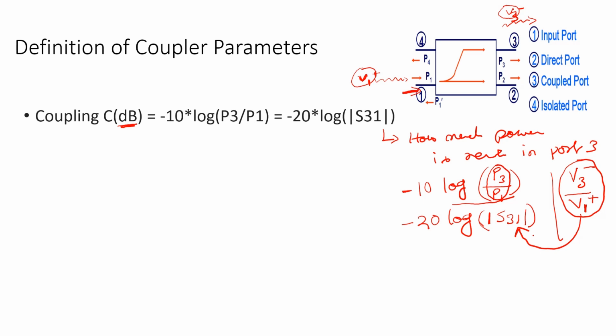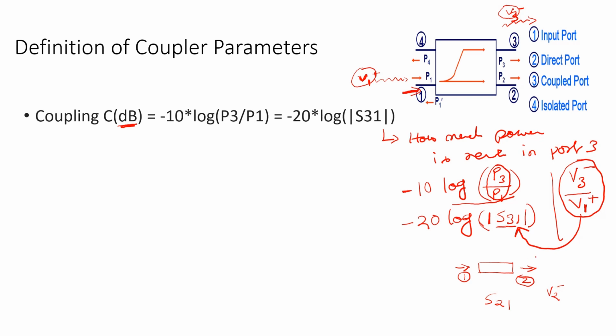I'm guessing you are not clear with this logic of mine, so let me revise something again. For our microstrip line, if we are giving some signal here and getting some signal out, and we call it port 1 and port 2, then how did we estimate it? We said S21, or V2 minus by V1 plus. Why minus?